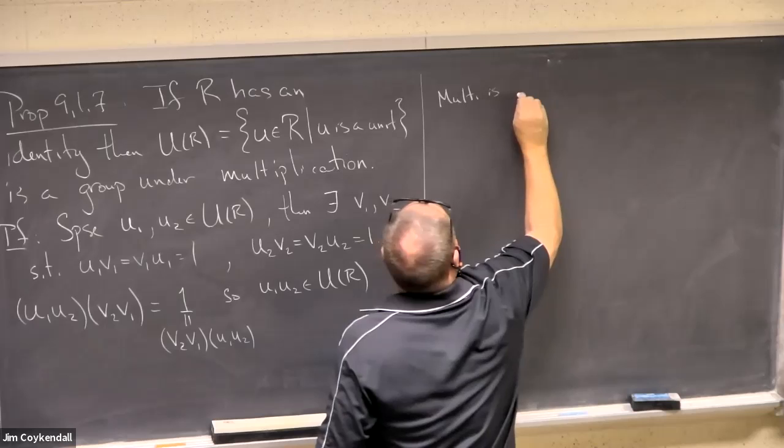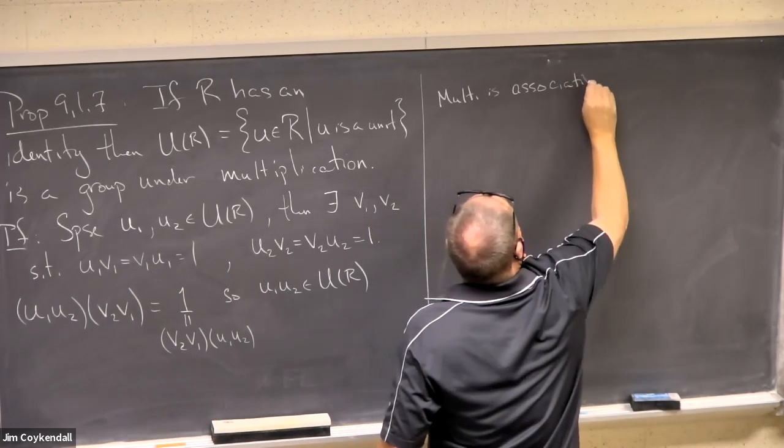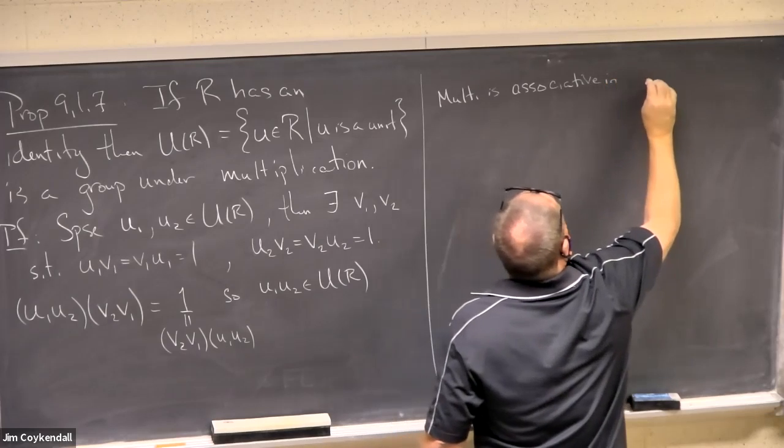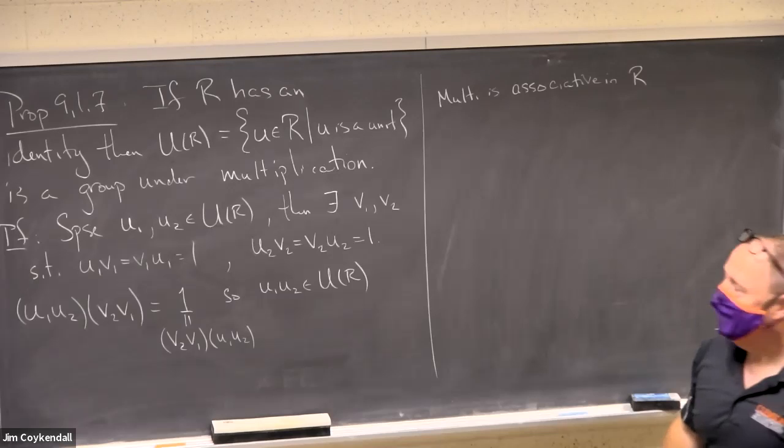Multiplication is associative in R, so we know it's associative in this group.